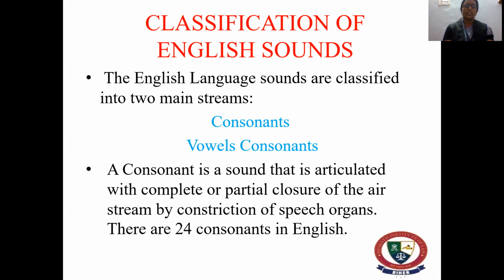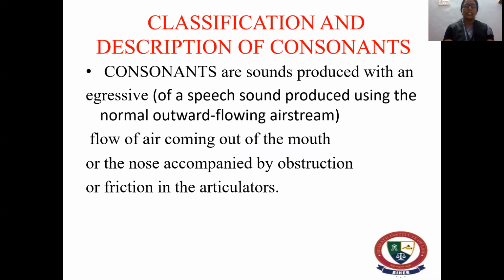A sound that is articulated with complete or partial closure of the air stream by constriction. So if the sound is produced with restriction, it is known as a consonant. You can easily understand: if there is no obstruction and the air flows freely, then such sounds are known as vowels. Now, the classification and description of consonants.